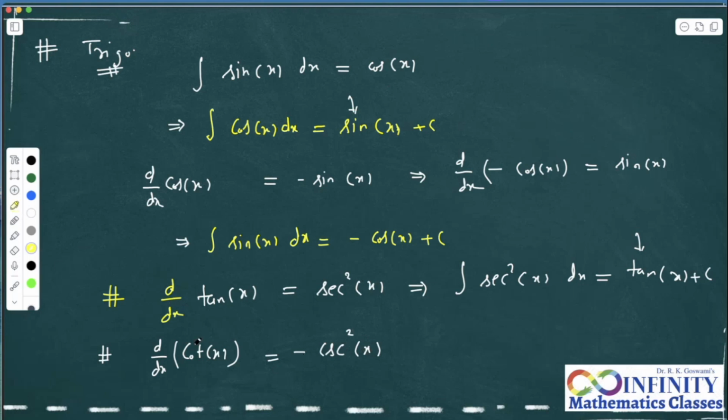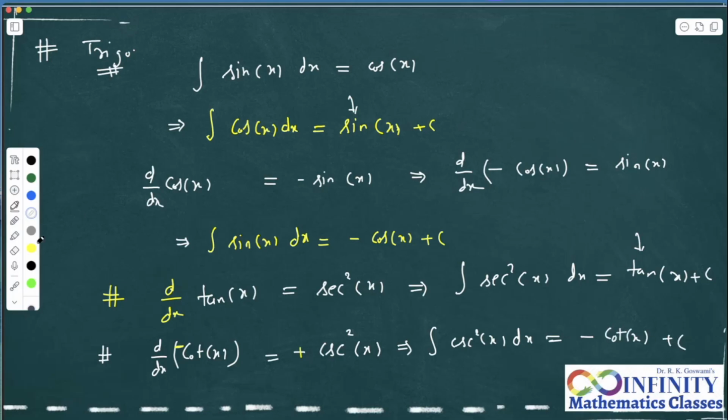If it is negative, it is going to be positive, like I have done before. So now, what is the integration of cosecant square x? Negative cotangent x. Perfectly okay.